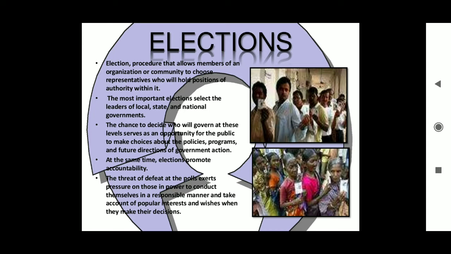It means that election is an opportunity for the people to become the ruler. It is an opportunity for political parties to contest elections and hold power.